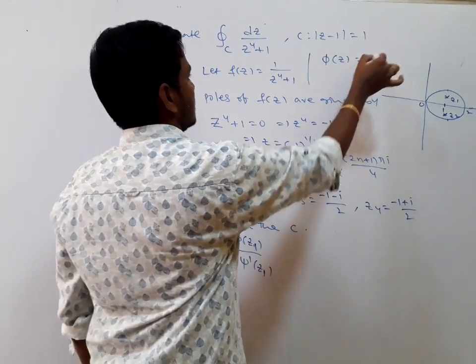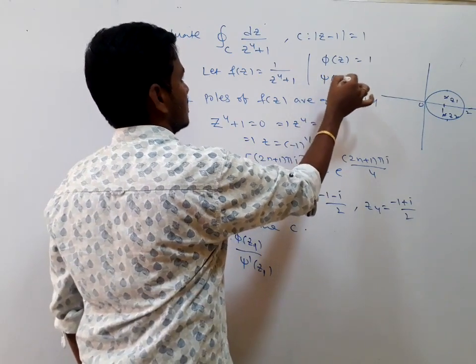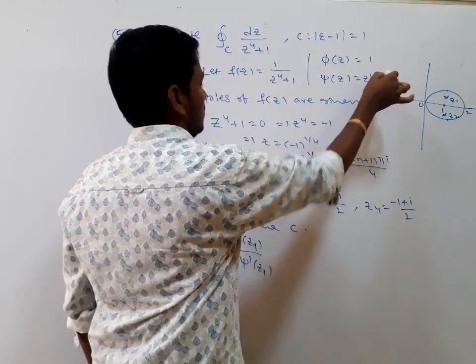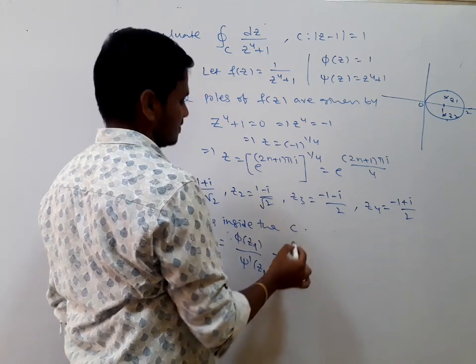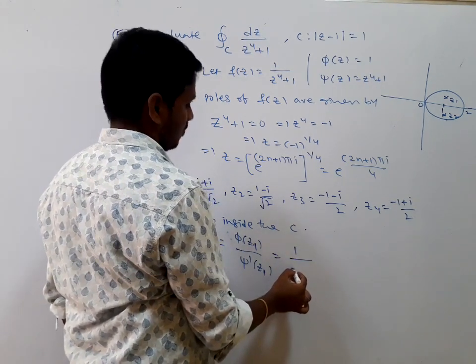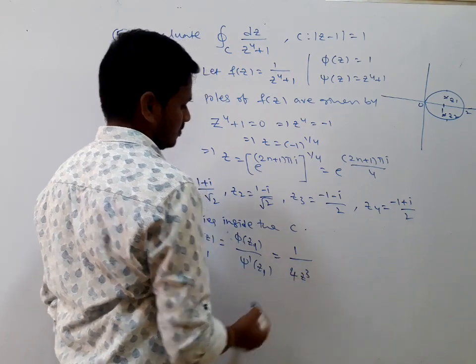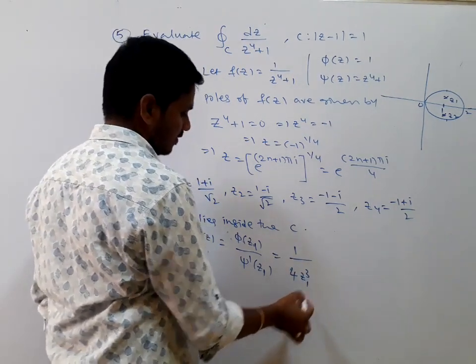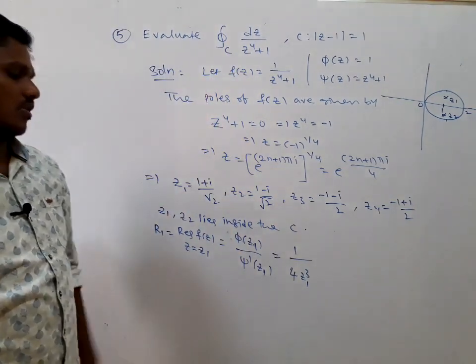Phi of z equals 1, psi of z equals z to the power of 4 plus 1. So phi of z1 is 1, and psi dash of z1 is 4 z1 cube, the derivative of z to the power of 4.